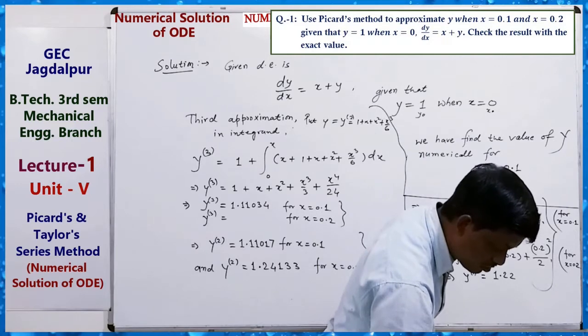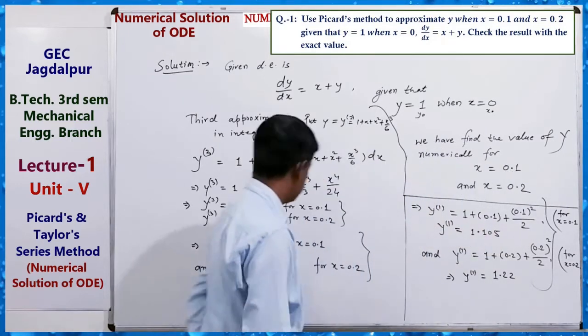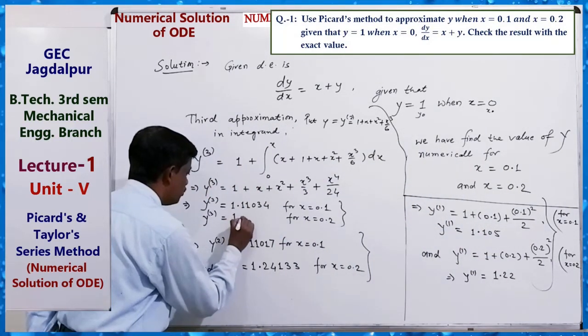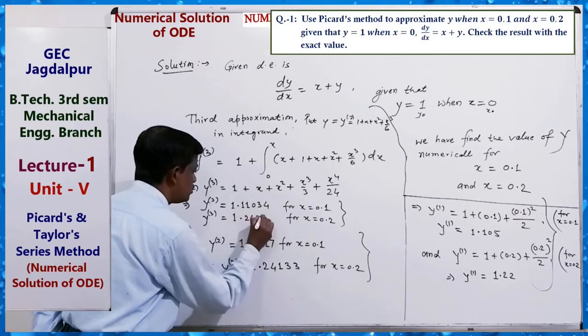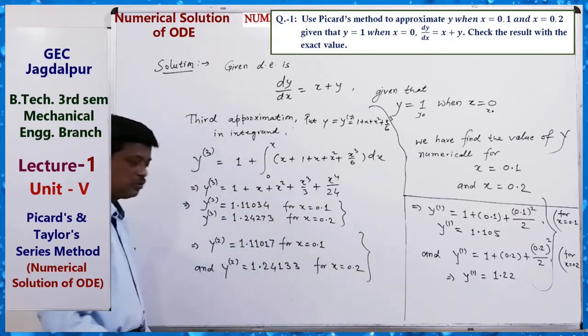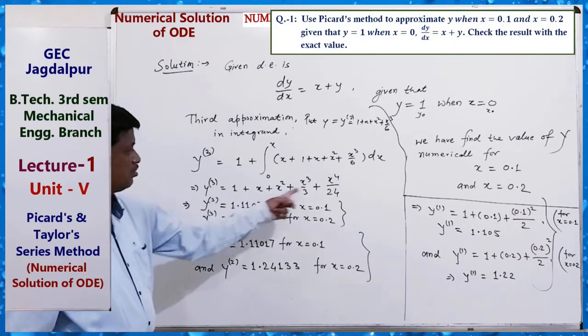So just putting this, 1.24273. You have to calculate it.